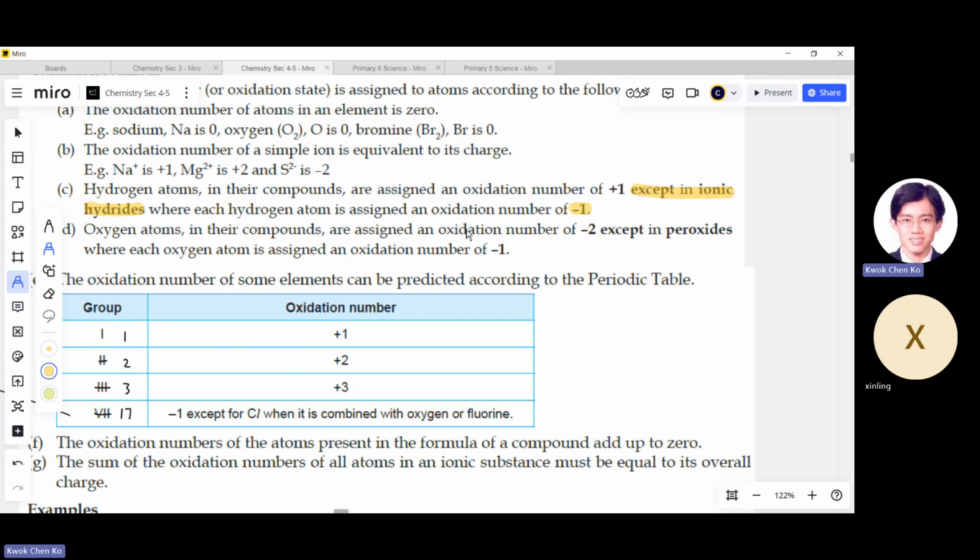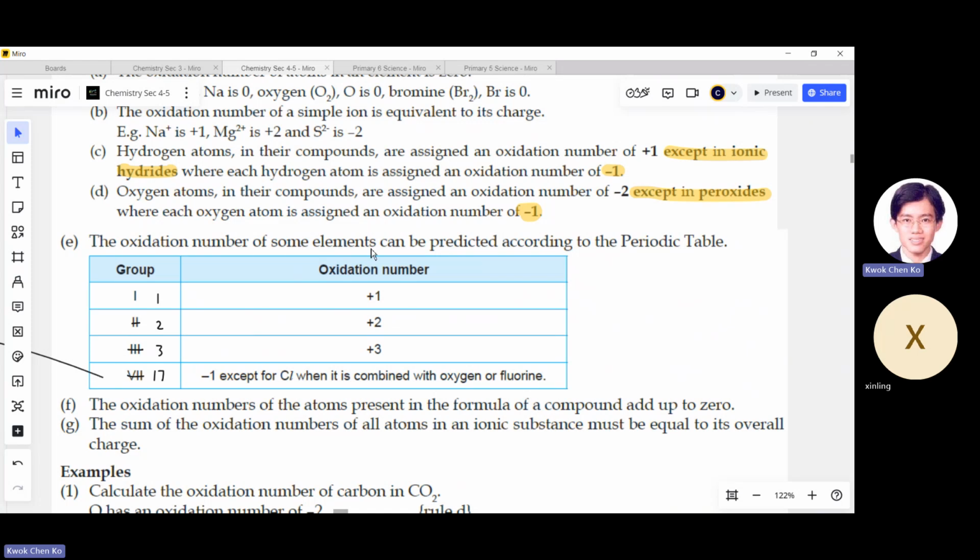This may come up. The second exception, peroxides, where the OS of oxygen is -1.